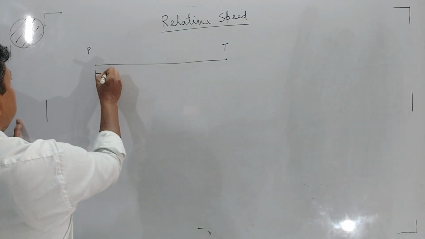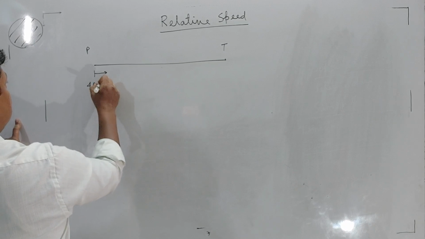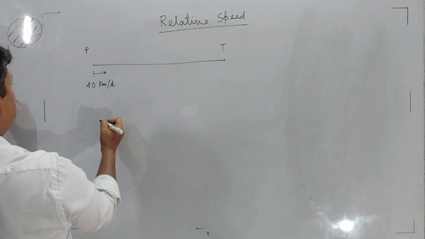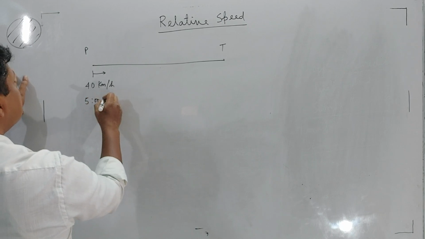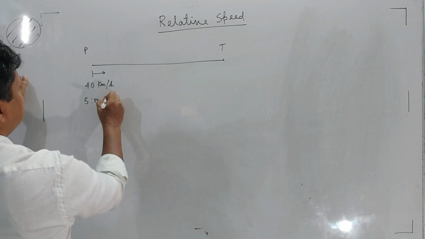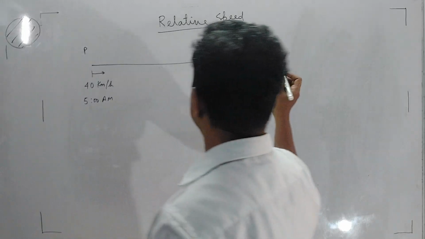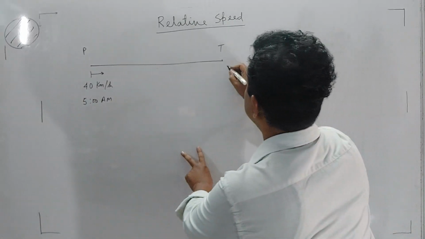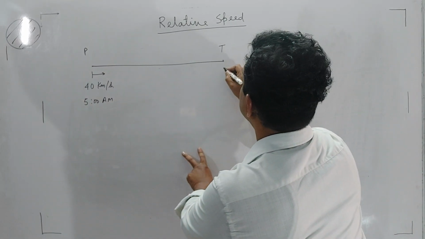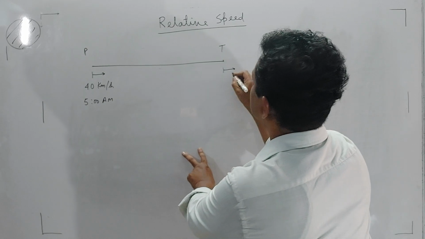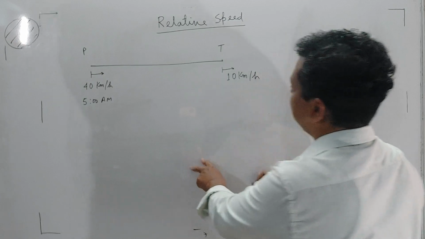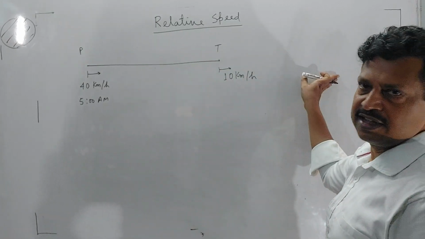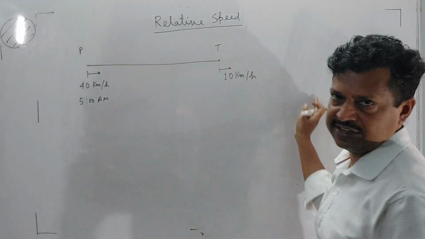The speed of police, say for example, is 40 kilometer per hour and it started at 5 a.m., and the speed of the thief, let's say, 10 kilometer per hour. So the thief is moving this side and police is chasing.